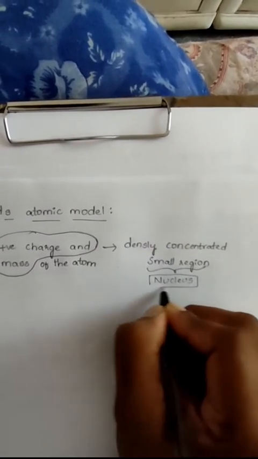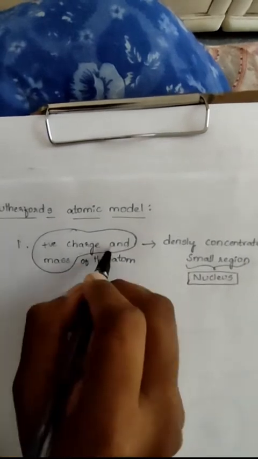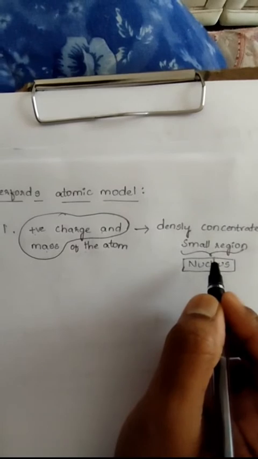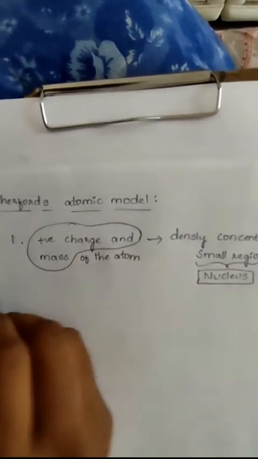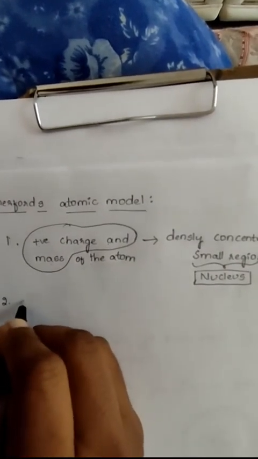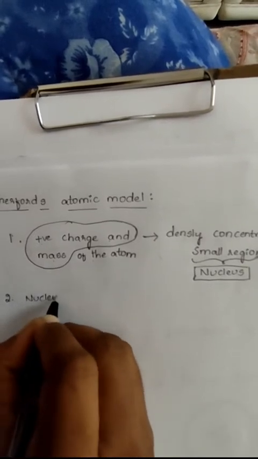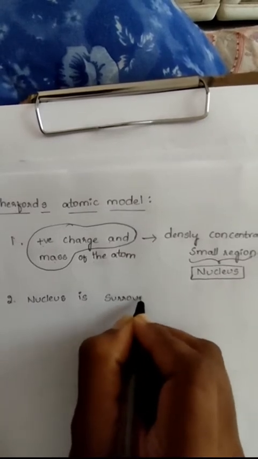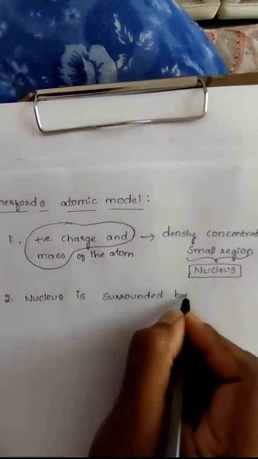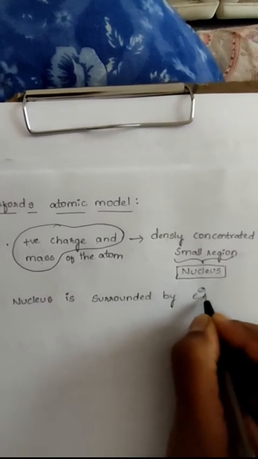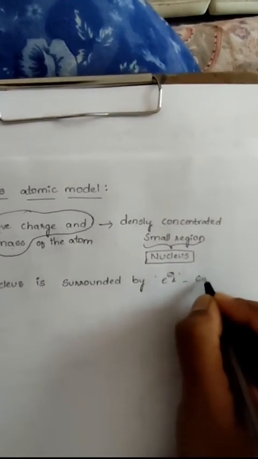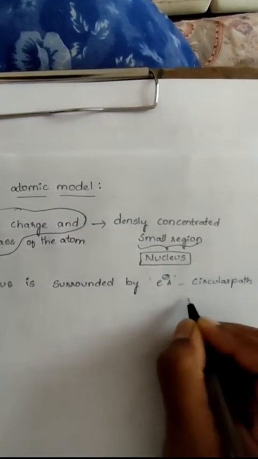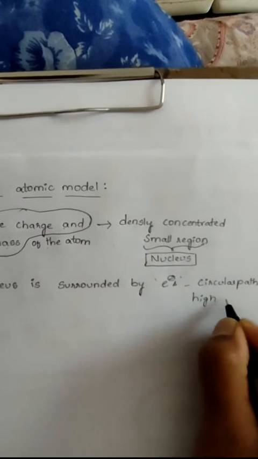The nucleus is the part of the atom in which the positive charge and mass of the atom are located. This nucleus is surrounded by electrons which are moving in a circular path with high velocity.